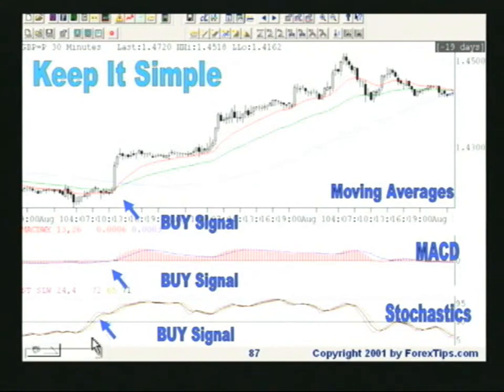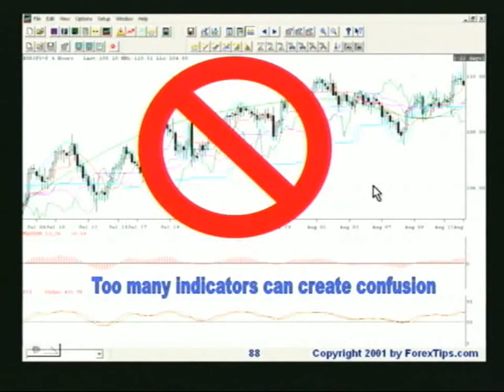Look at how stochastics turned bullish first, MACD turned bullish second, and your moving average turned bullish third. After the 1, 2, 3 all became bullish, look at how bullish the market became. The market became very bullish, rallying over 200 pips.